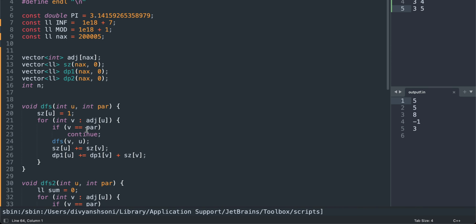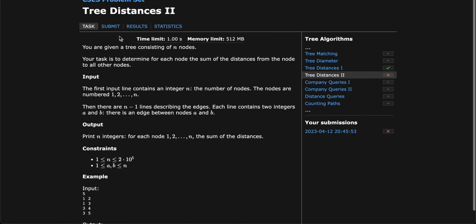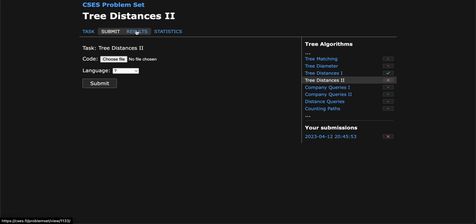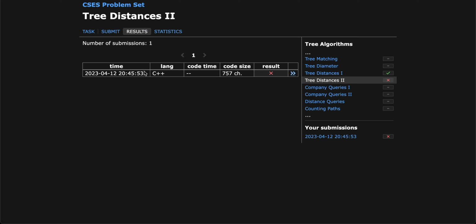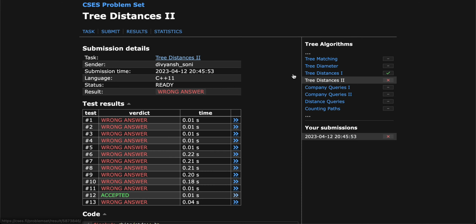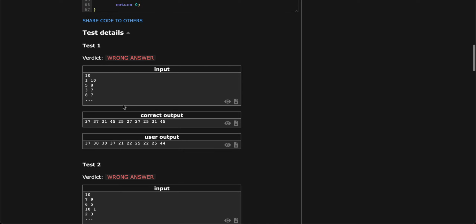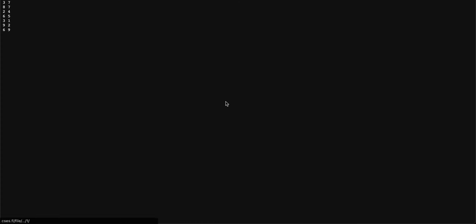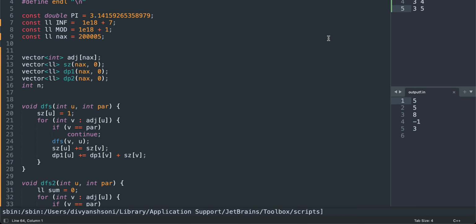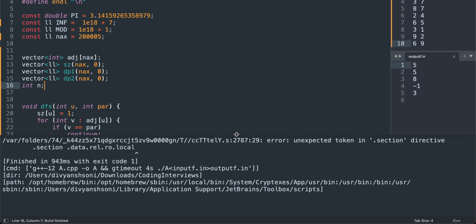What if there are parallel edges? Maybe these test cases, but all test cases cannot have parallel edges, right? What's wrong with this? Why is it?